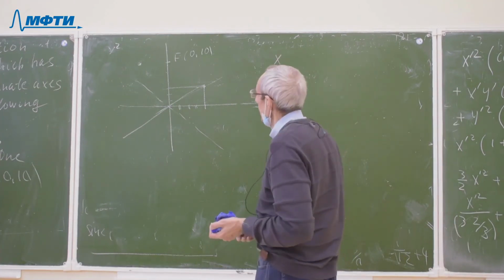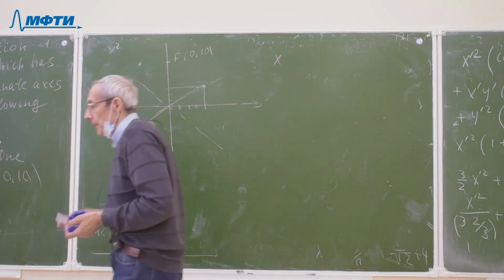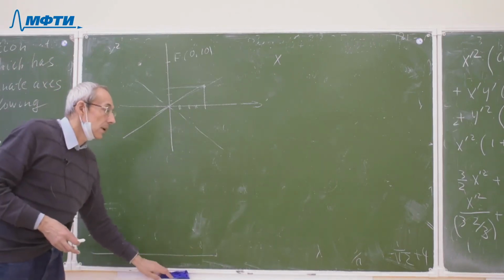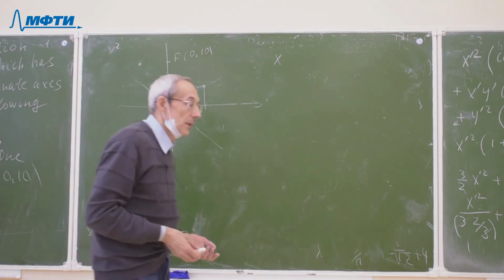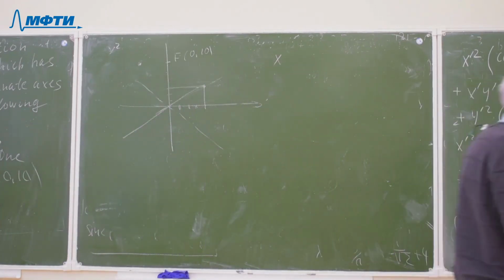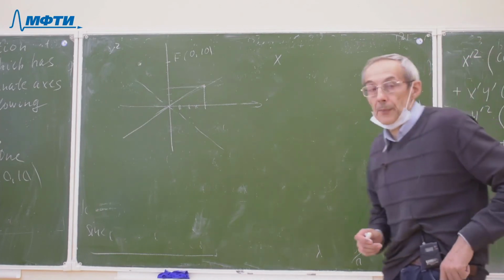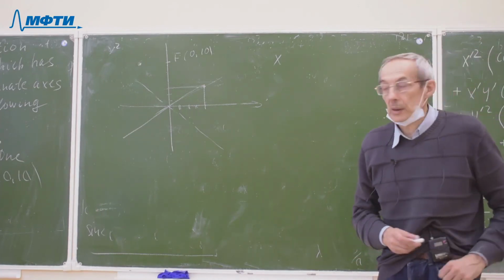What will the form of this equation be? Can we suggest some general form of the equation of such a hyperbola?